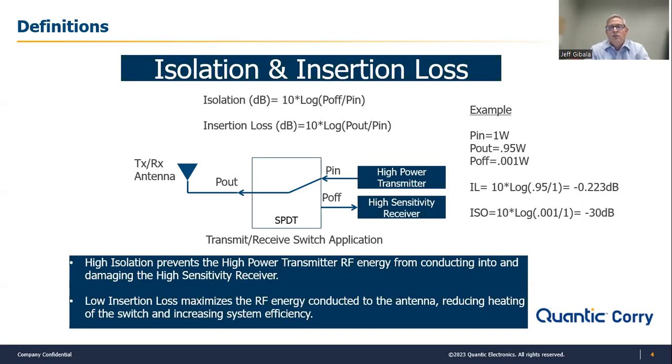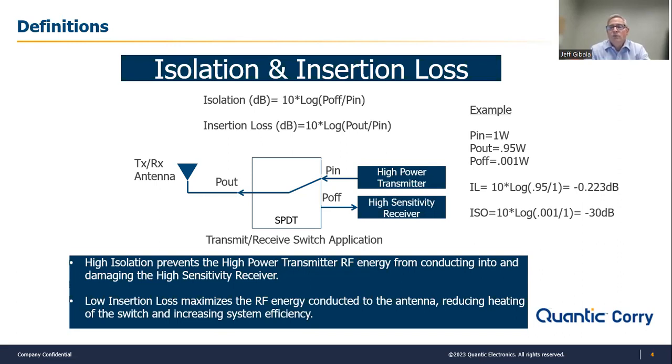So isolation is defined as the ratio of the power at the off port relative to the power at the input port. And insertion loss is the ratio of the power at the output port divided by the power at the input port. And these are measured in dB, and they are converted to dB by taking 10 times the log of that ratio.